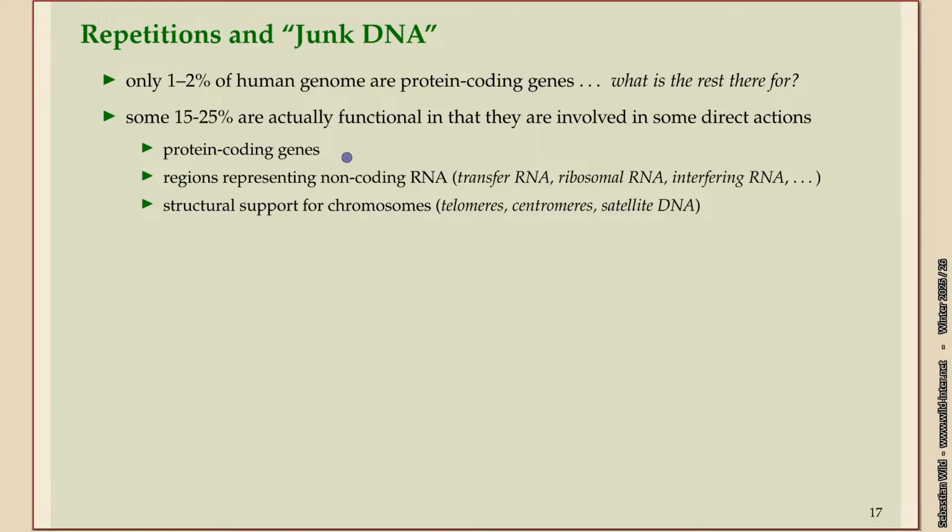So we have protein coding genes, as I mentioned, that's the 1 to 2%. Then there's regions that code for RNA, which never gets translated to protein. So RNA is not just this copy of the recipe book, but rather is itself fulfilling a function as a bioactive molecule, or even by just stopping some other messenger RNA from being translated. Then there's structural support for the DNA as a molecule itself.